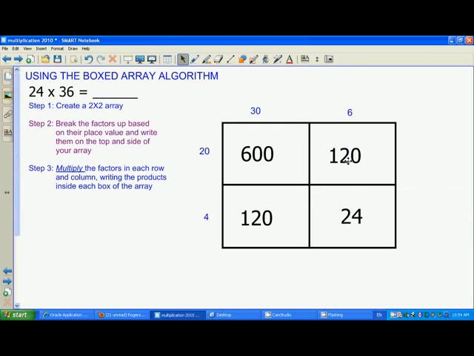As students do this, please be aware to keep your place value columns lined up. So my ones, tens, hundreds, as well as here, ones, tens, hundreds. That'll just help in the next step.